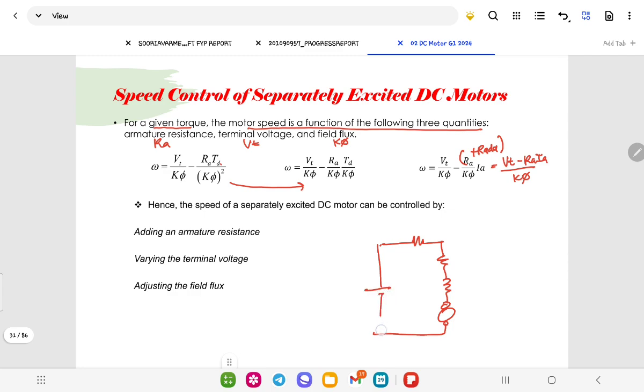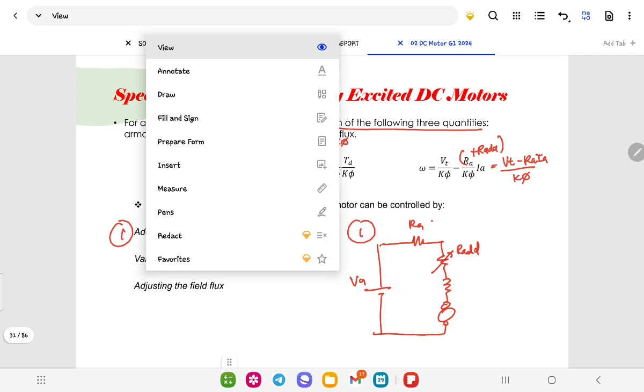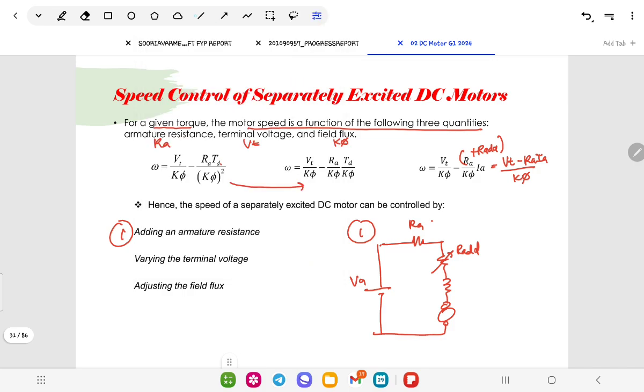So this is your RA, this is your VA, RA. That's number 1. Number 2, you can vary the terminal voltage.